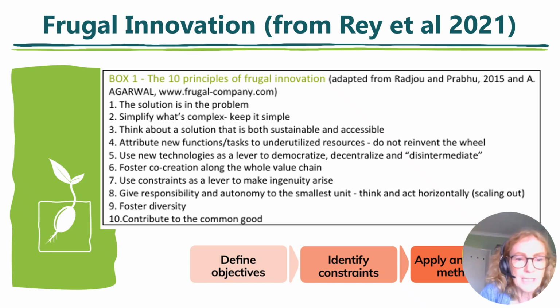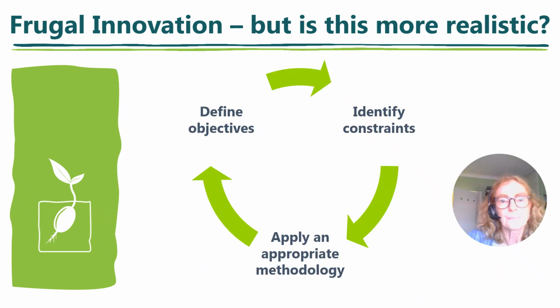Co-creation, so working directly with the end users along the whole value chain. Constraints there, and that's one that you can see was pulled out by the Live Seed team as one of the key steps in the frugal innovation process. They advocated in Live Seed. And a few others there you can see. So 10 principles to keep in mind, especially when we're looking at case studies later.